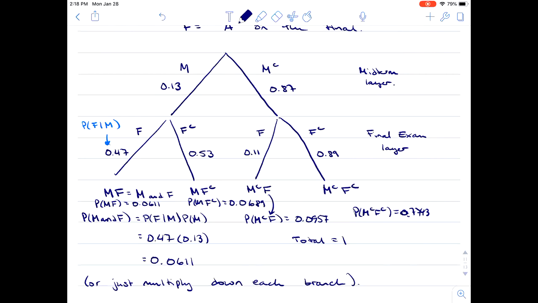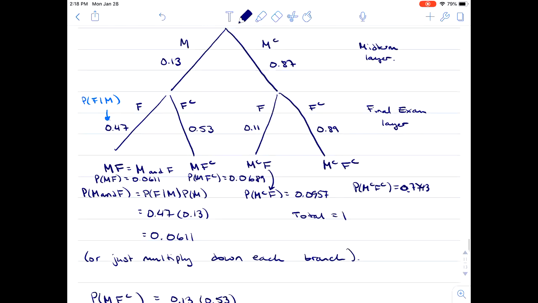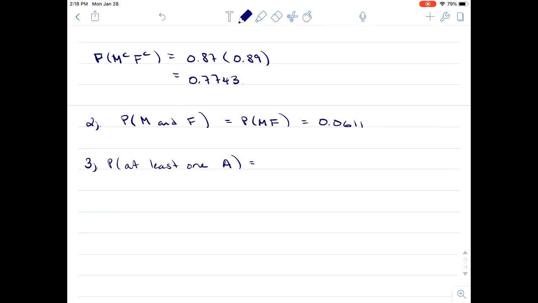And so what we can do is we can say, well, that's going to be the probability of the midterm and the final, plus the probability of the midterm but not the final, plus the probability of not the midterm but the final.